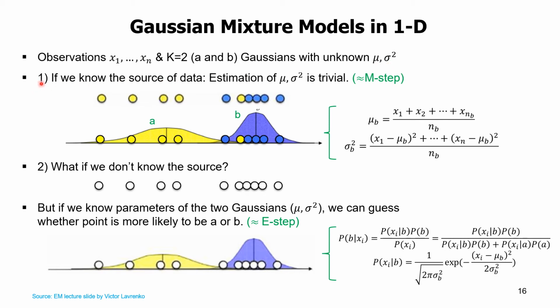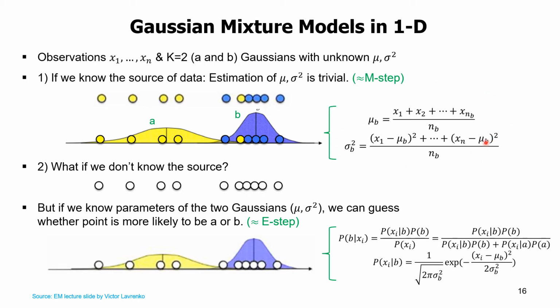So in the first case, we know the source of data. If you look here, these are data, and we assume we know the source of data. This data belongs to yellow, which is Gaussian A. So yellow, yellow, yellow, and this one is blue, meaning this belongs to Gaussian B. B is blue, this belongs to B, and this belongs to A, etc. If we have data and we know the source of data, then we can easily compute the parameters of Gaussian by doing this.